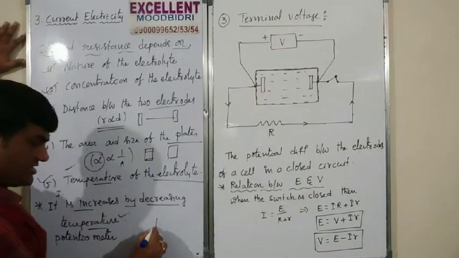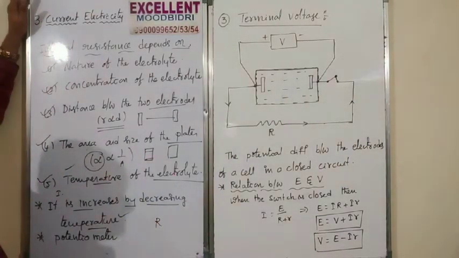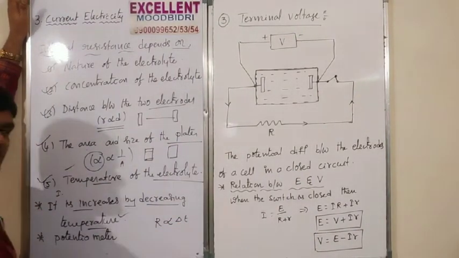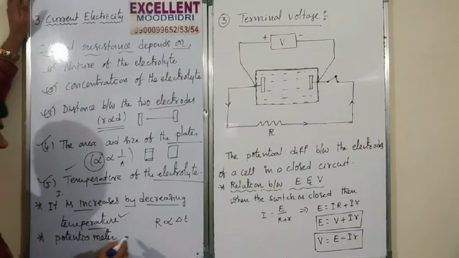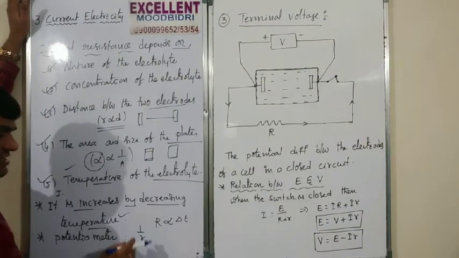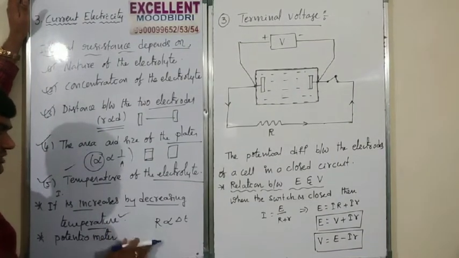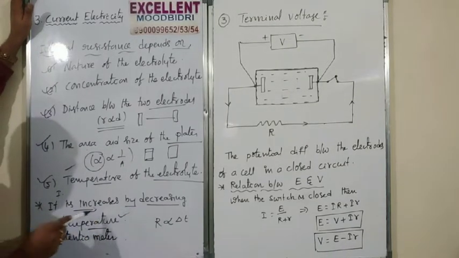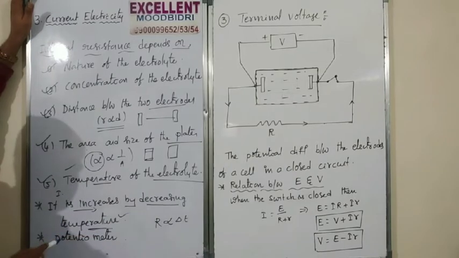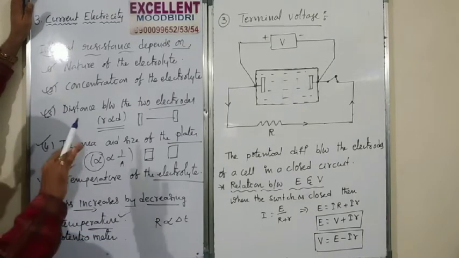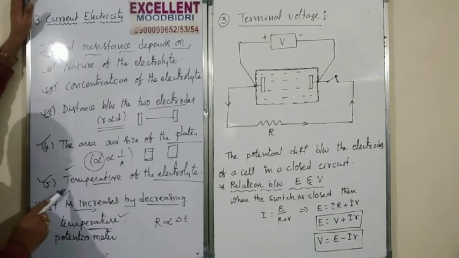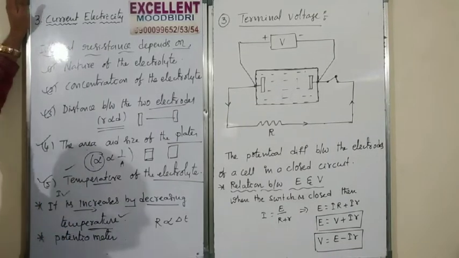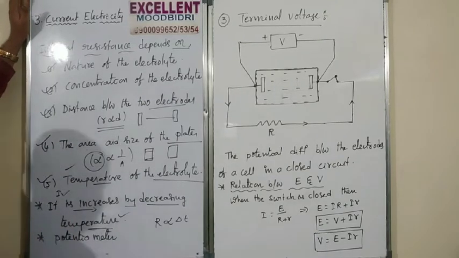For external resistors, resistance is directly proportional to the rise in temperature. Yes or no? But here it is reverse. Internal resistance increases by decreasing temperature. If temperature decreases, internal resistance increases. Right? This is a chemical reaction only, so chemical reactions like that take place inside.